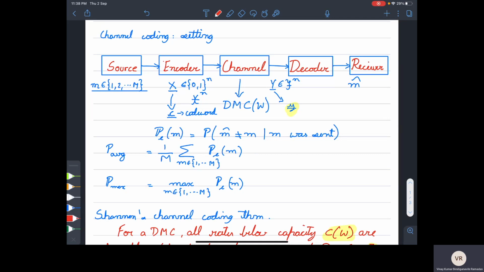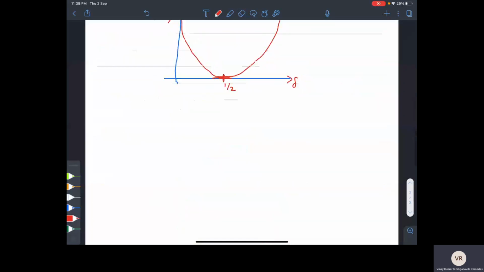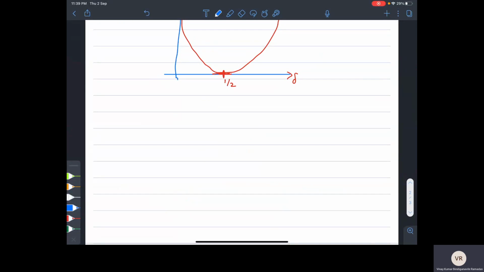Okay, so let's first look at the encoder. What should the encoder be? Firstly, it is a 1-1 mapping. A 1-1 mapping from what to what? From the set of messages to the channel input.